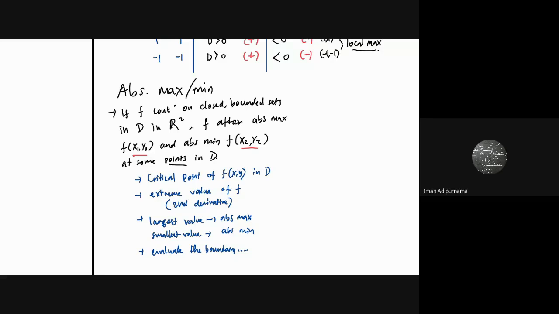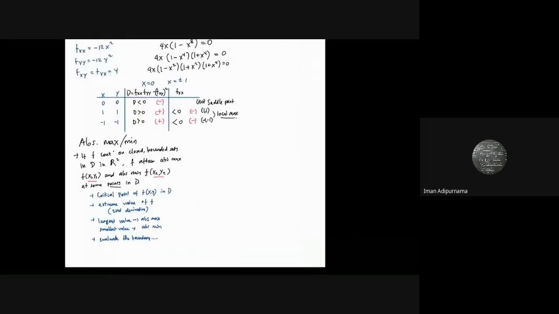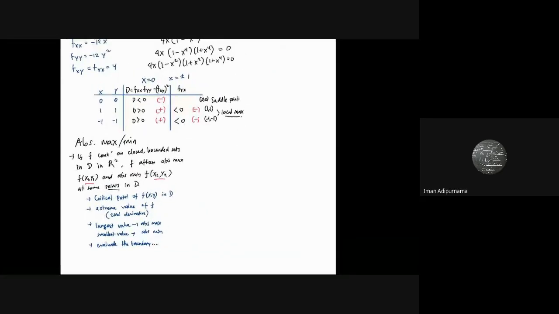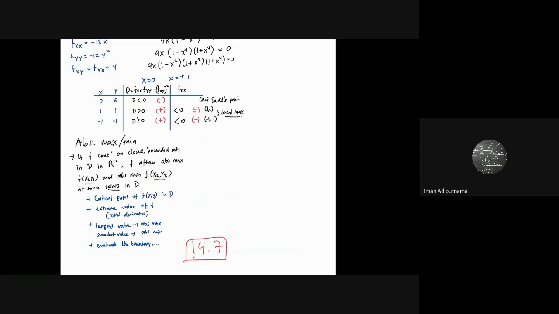This is actually the end of chapter 14.7. One last section in chapter 14 is about the Lagrange multipliers.